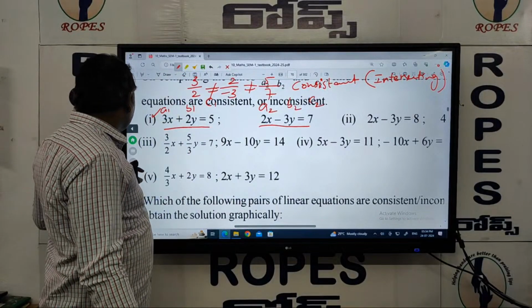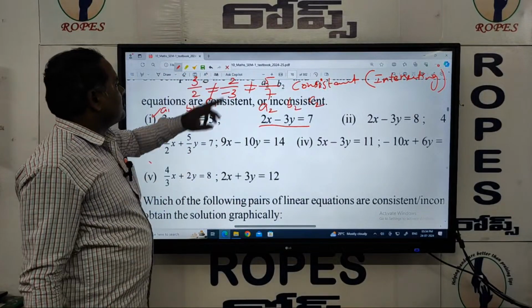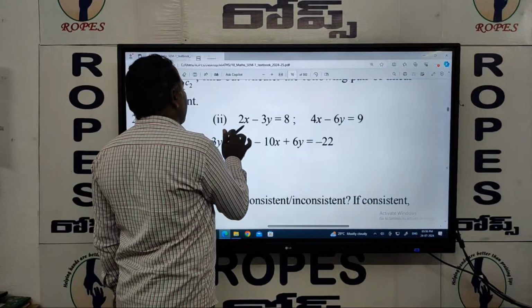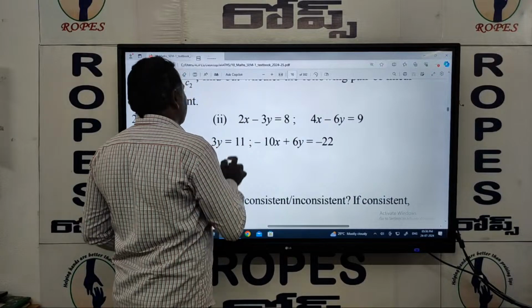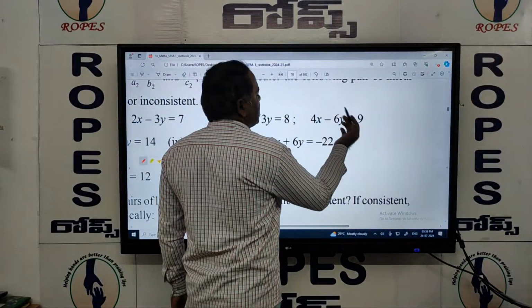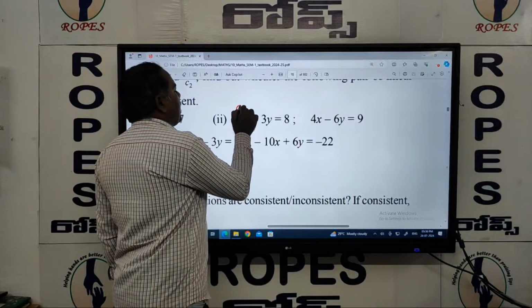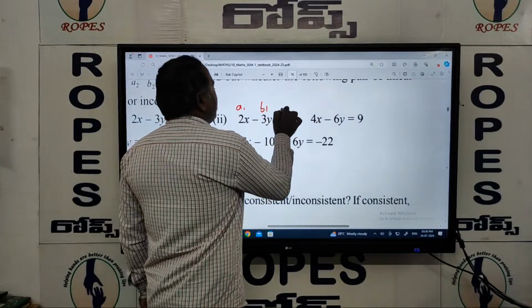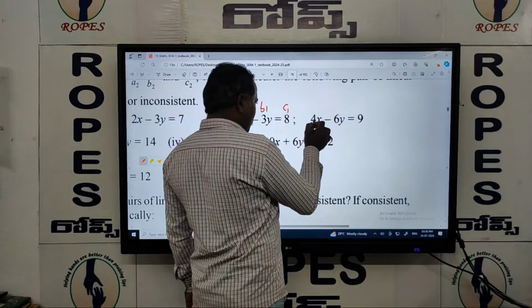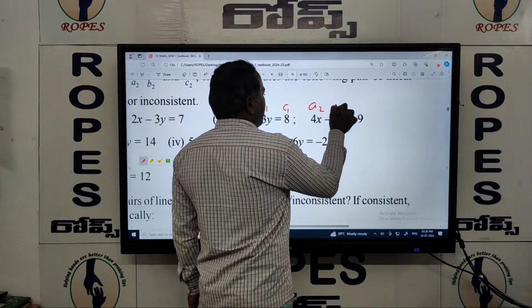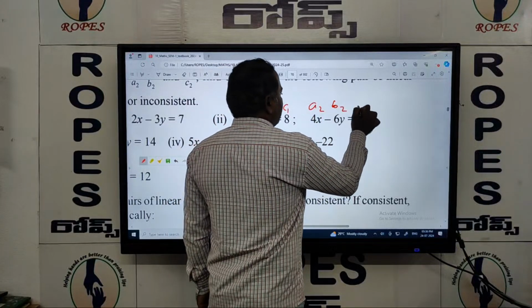Now if we go to the second sub question, they given like this: 2x minus 3y is equal to 8, and 4x minus 6y is equal to 9. Now we can take A1 is 2, B1 is minus 3, C1 is 8, and A2 is 4, B2 is minus 6, and C2 is 9.